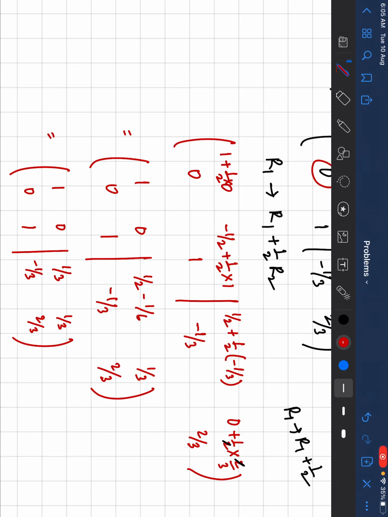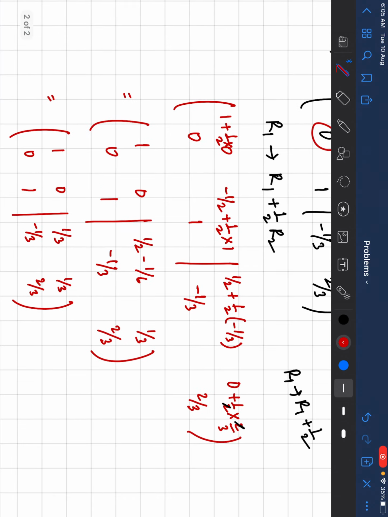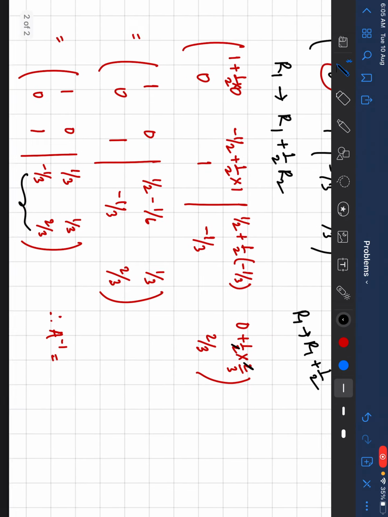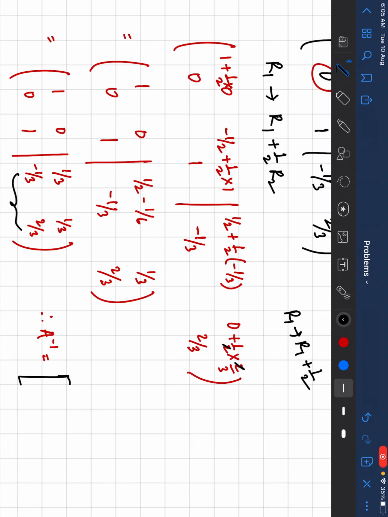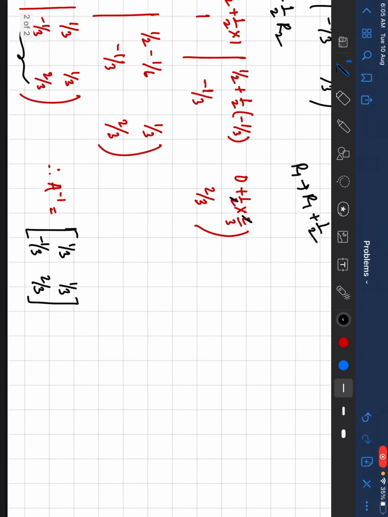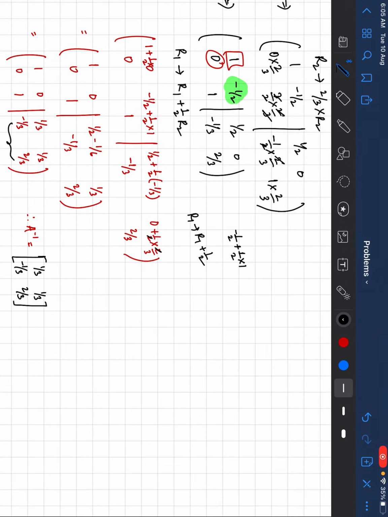By looking at it, we can directly say therefore this is the matrix of A inverse. We have 1 by 3, 1 by 3, minus 1 by 3, 2 by 3. That's my A inverse. But we don't stop here. We found A inverse, but the main point is we need to find the value of x.